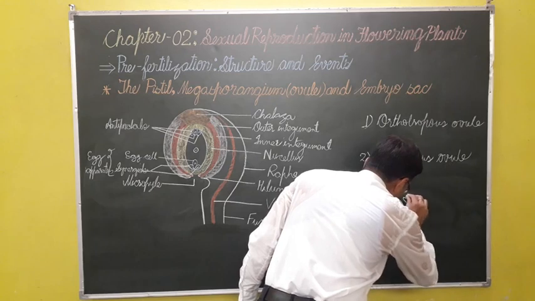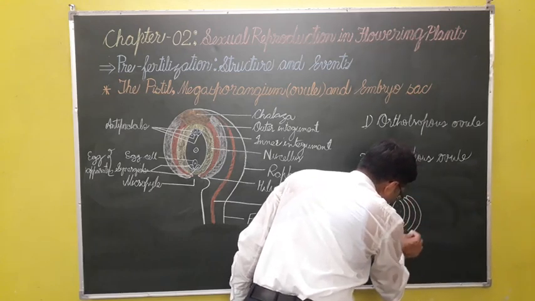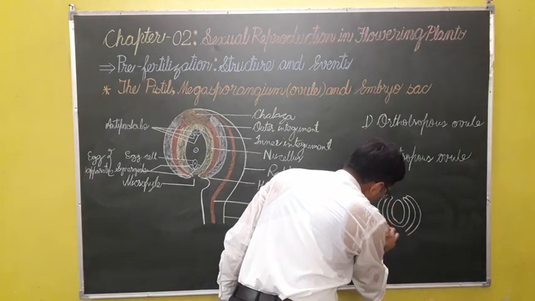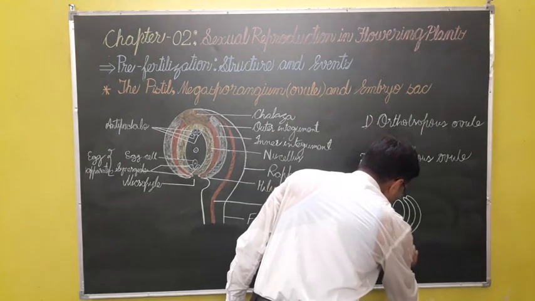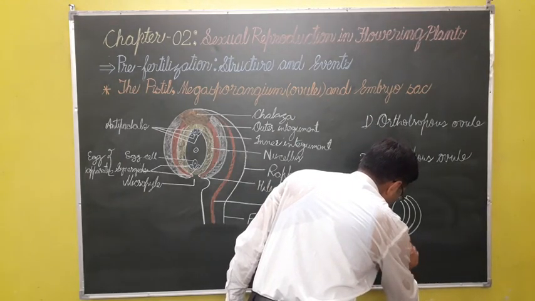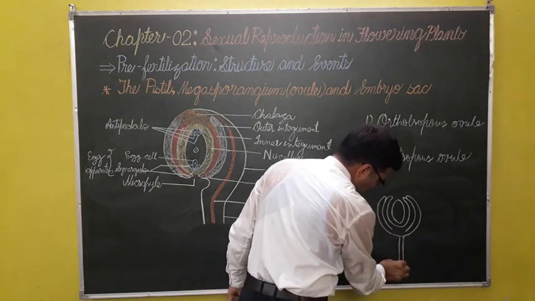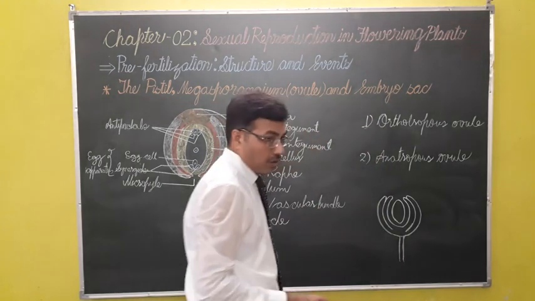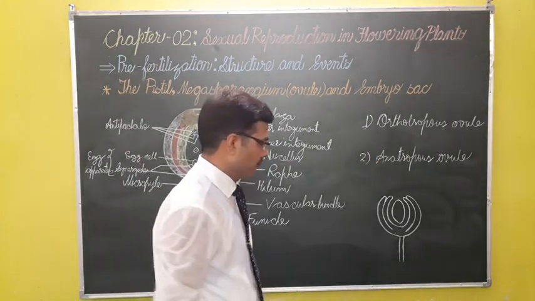This is the outer integument. And here is the what? Funicle. And the distal part of this funicle is attached to the wall of the ovary, and that point is called placenta.